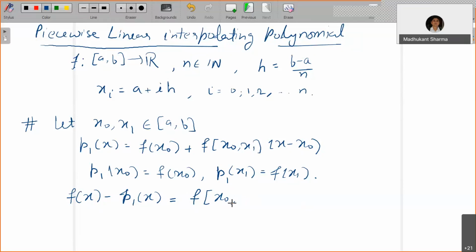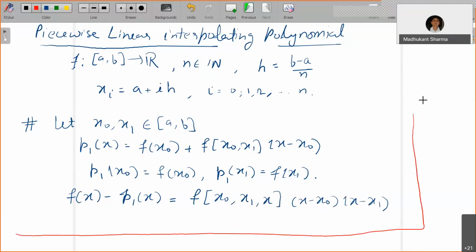Indeed it was the second derivative, but if we do not know whether the function is differentiable, we can leave it with the divided difference f[x0,x1,x] times (x minus x0)(x minus x1). This you can recall from the previous session, where we defined Newton's interpolating polynomial.